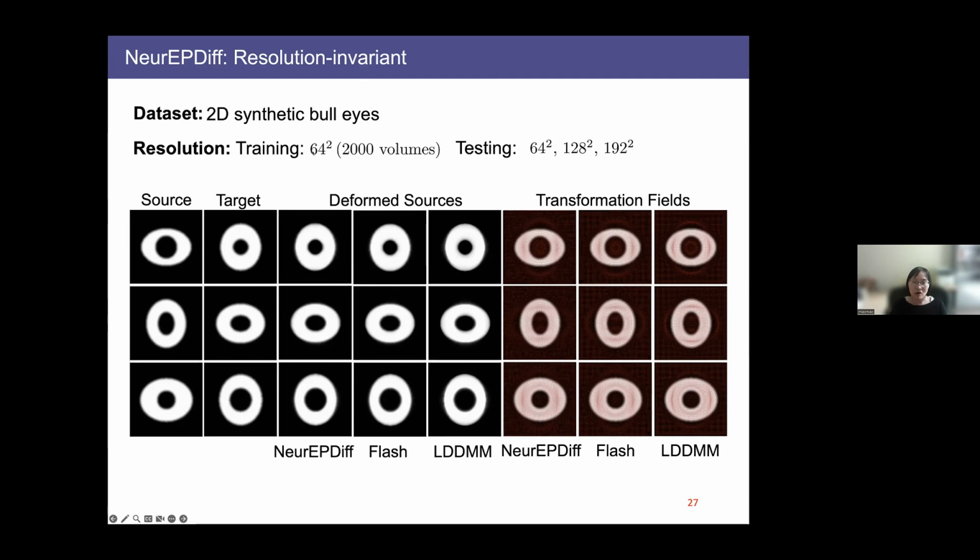So if we train on a smaller image dimension, for example 64 square, we should be able to test on many different resolutions, because we are learning the mapping function instead of purely data fitting. In this way, we designed the experiment and tested on much higher resolution in the testing data set than the training. And you can tell that our method, neural APDIF, when compared with the numerical solution, gives a really close estimation of the deformation process.